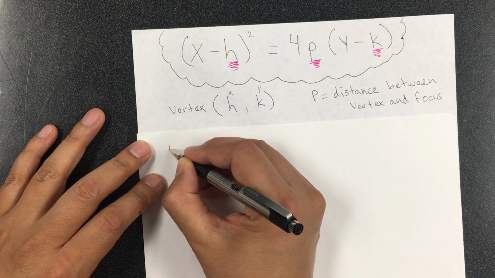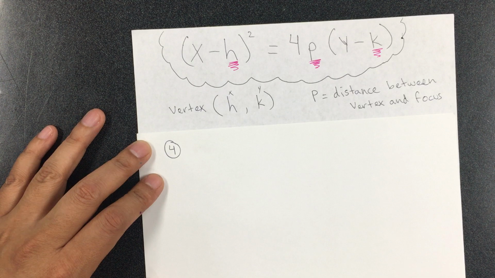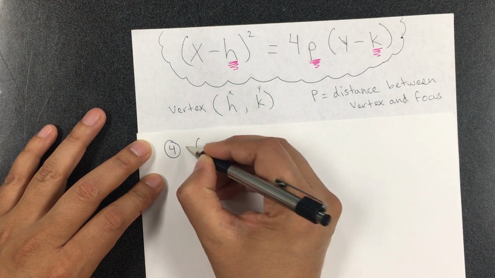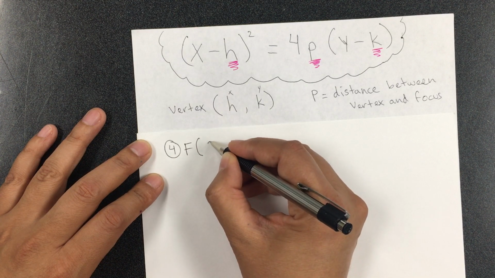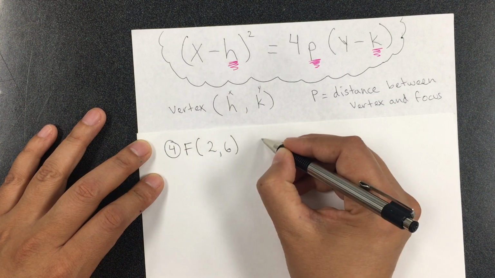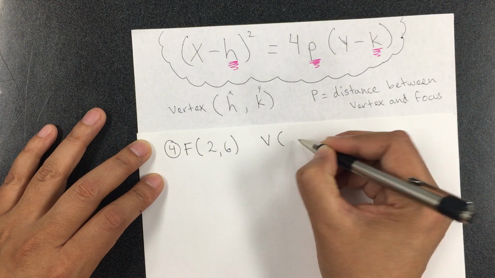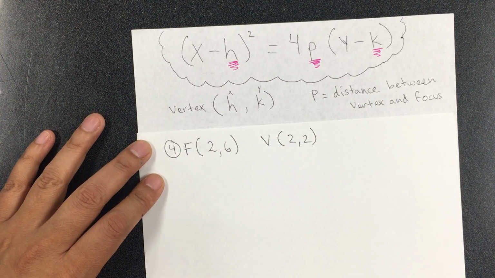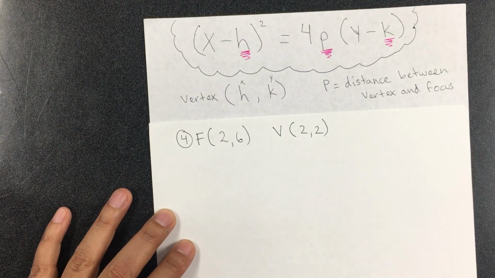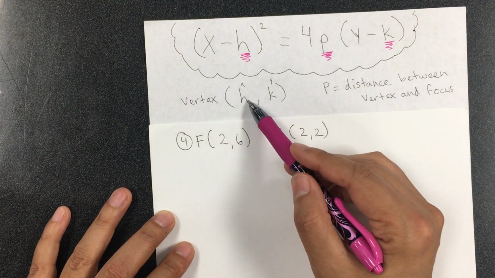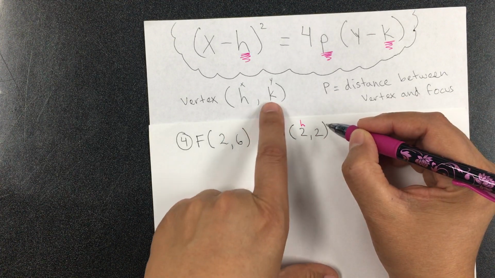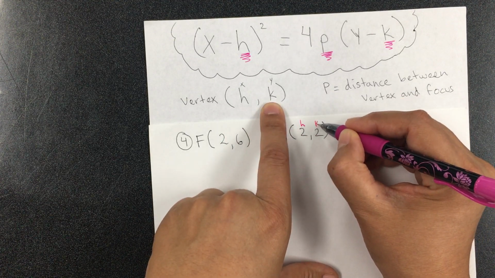I'm actually numbering this number 4 because it's the continuation of what we were doing. The focus point is at (2, 6), and the vertex is at (2, 2). Remember that for the vertex, h is the value of x and k is the value of y.